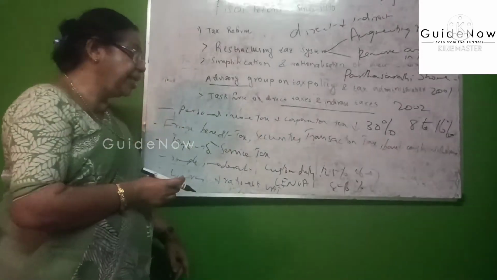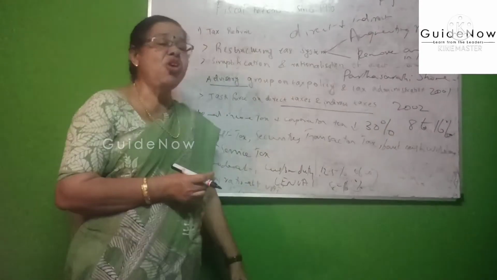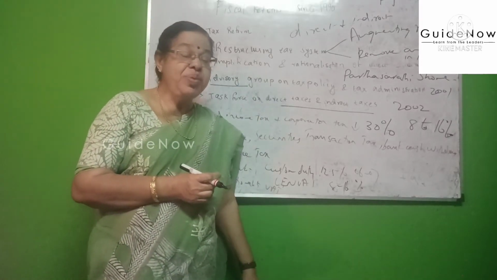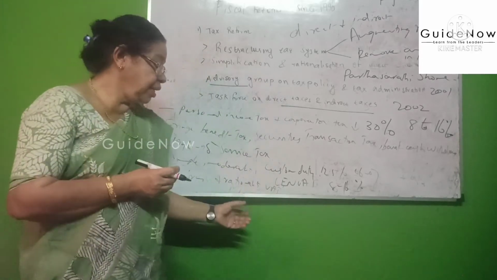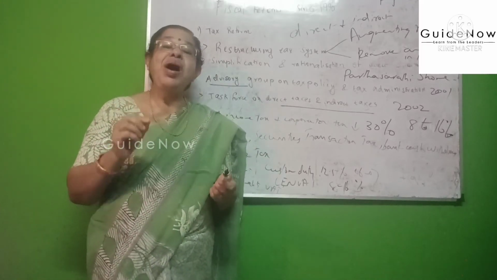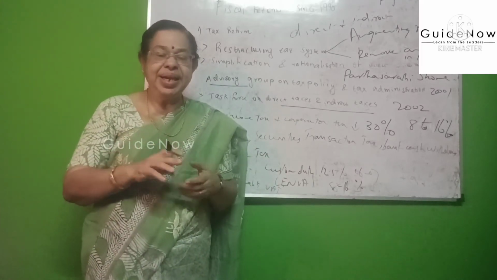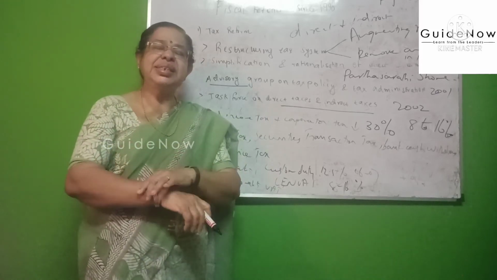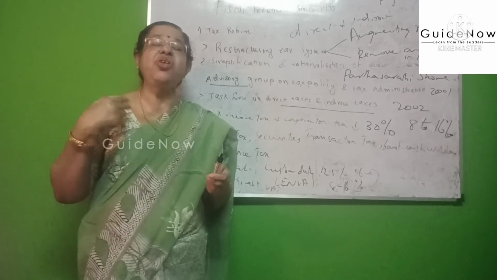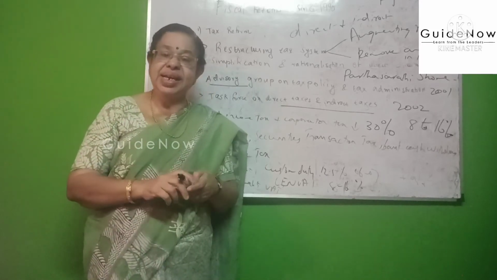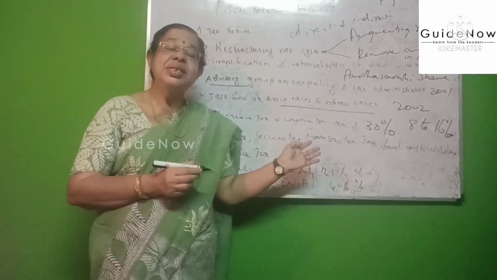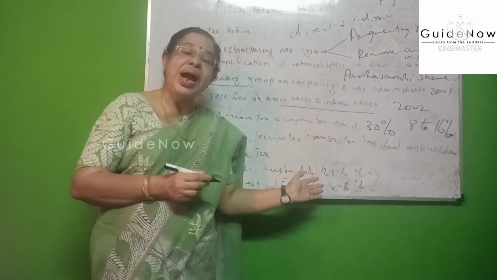Then another is uniformity and rationalized sales tax, which was renamed value added tax. In our economy sales tax is too much and more complex in character. To avoid the difficulty of calculating and collecting sales tax, there is a need for uniform and rationalized sales tax, known as value added tax.